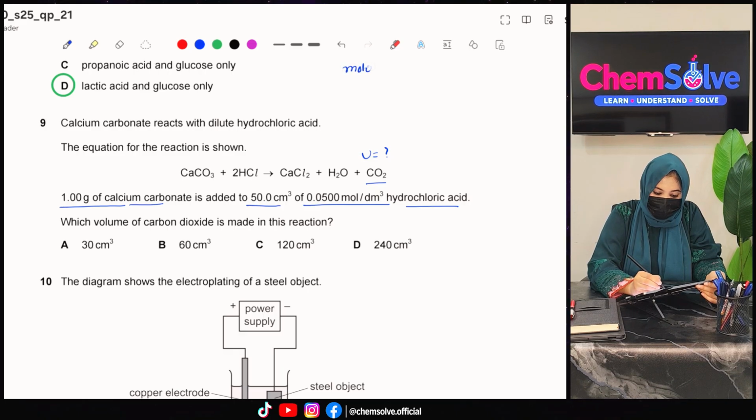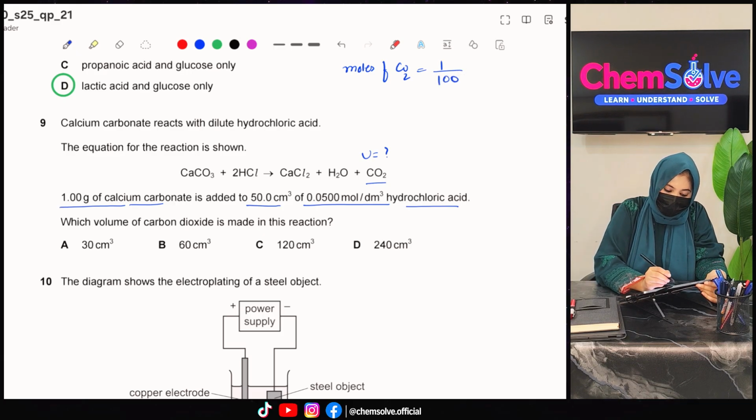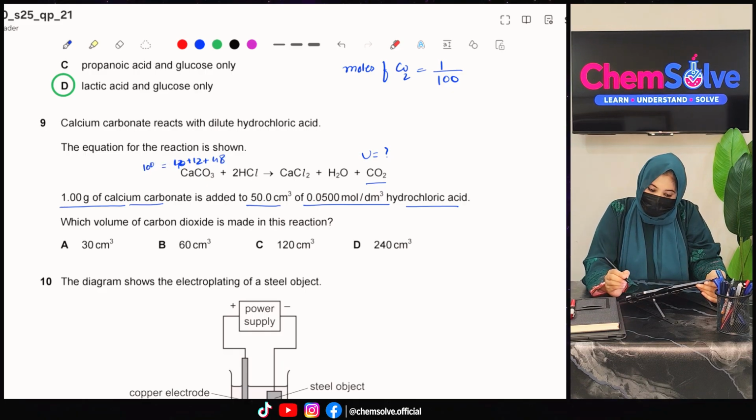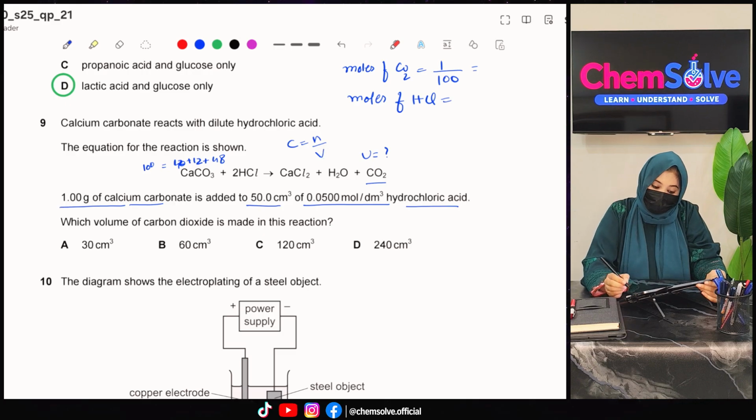I'm going to solve here. Moles of calcium carbonate would be 1 over 100. 100 is the Mr of calcium carbonate. Calcium has 40, carbon is 12, and 3 oxygens would be 48. So it would be 100. You can calculate it from the periodic table. For the moles of HCl, I will use the formula concentration is equal to number of moles over volume.